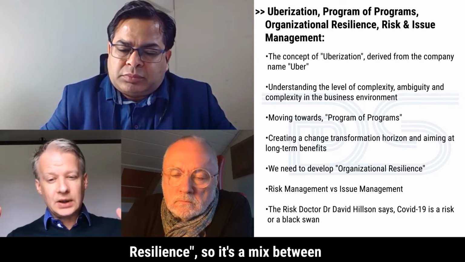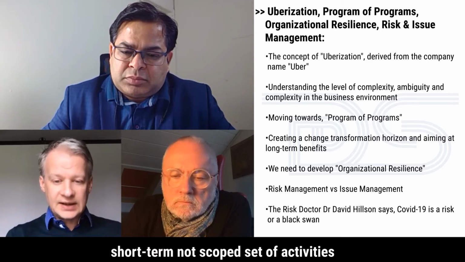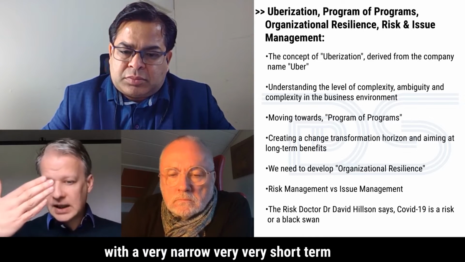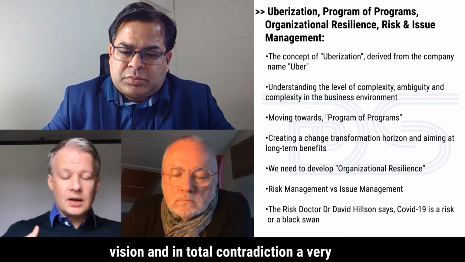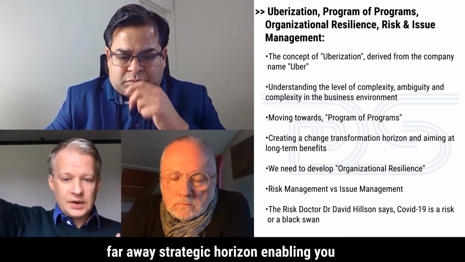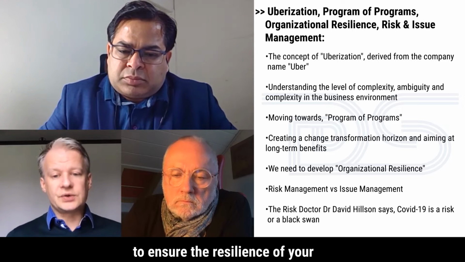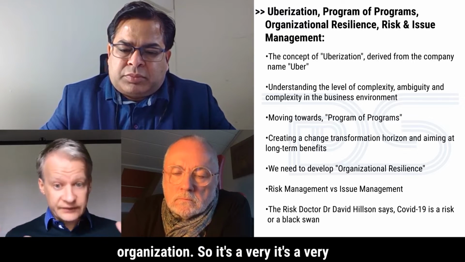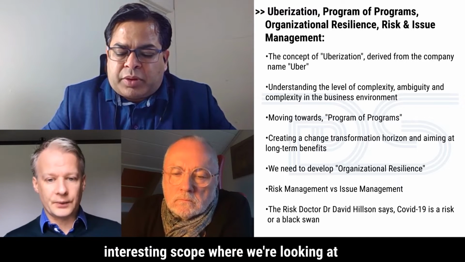So it's a mix between a short-scoped set of activities with a very narrow, very short-term vision, and, in total contradiction, a very far away strategic horizon, enabling you to ensure the resilience of your organization. So it's a very interesting scope we're looking at here now.